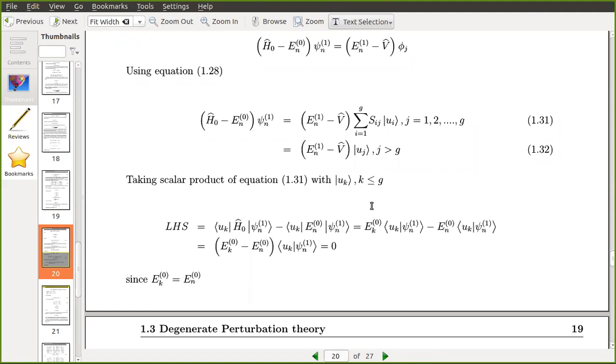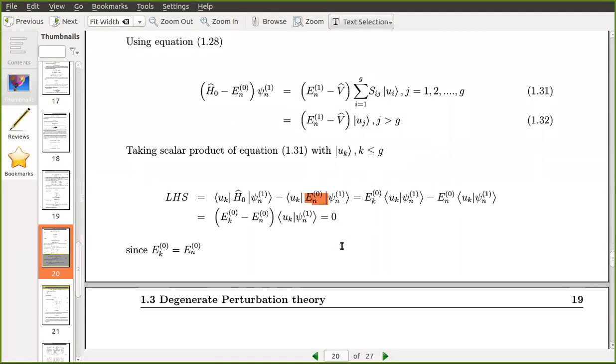H0 acting on uk gives ek of 0 uk. So ek of 0 you can take outside, ek of 0 uk psi n of 1 minus, en of 0 is already a constant, you can take it outside, en of 0 into uk psi n of 1. So uk psi n of 1 is common. So ek of 0 minus en of 0 into uk psi n of 1 equals 0.